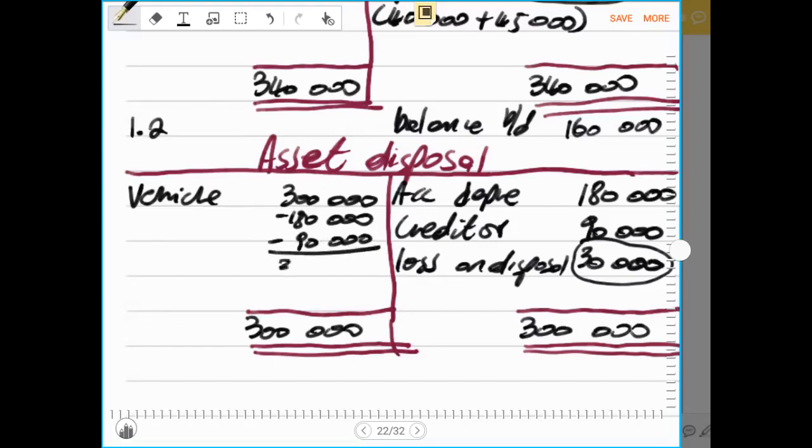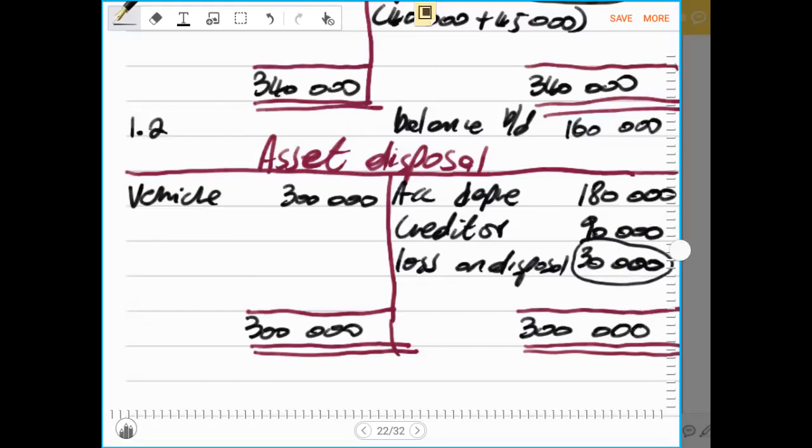That will give you 30,000 rands. If you see, the debit side of 300,000 rands is greater than the sum of the two on the credit side. So when you get that 30,000 rands, you know that it goes straight to the credit side. That's another approach you can use to calculate your loss: 300,000 minus 180,000 minus 90,000 rands, you get 30,000 rands on the credit side as the loss on the disposal of this asset.